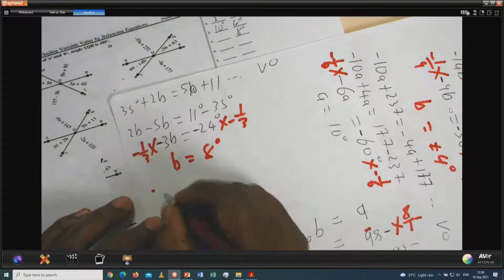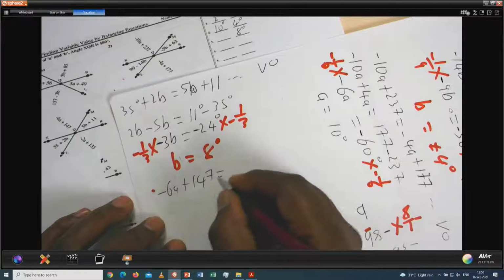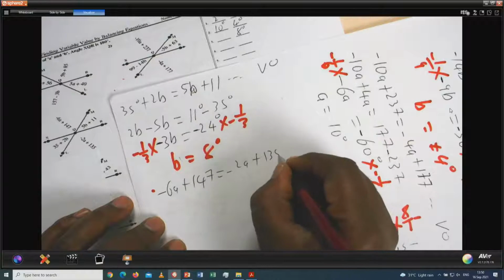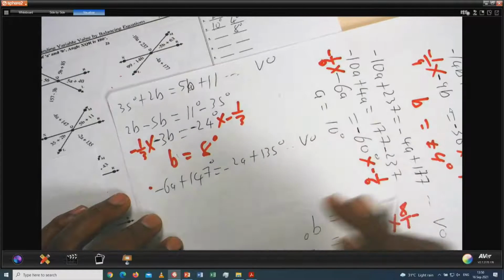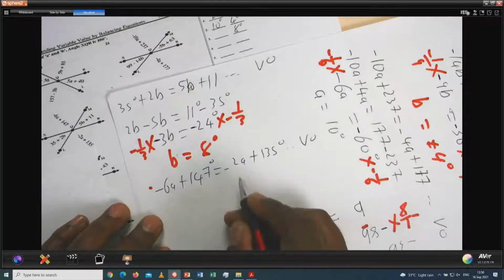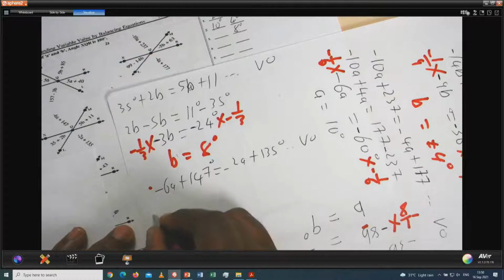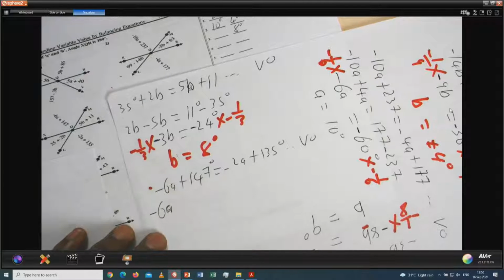Minus 6A plus 147 is equal to minus 2A plus 135 degrees. We all know why: vertically opposite angles. Once more, the variables, you prepare them to be on the left. This is your minus 6A, because it's not changing the position, the sign is not going to change.